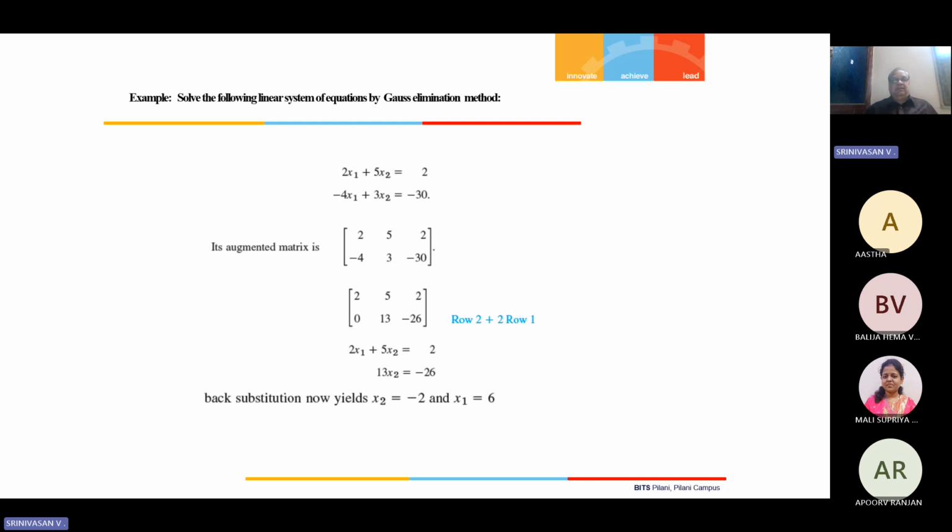As you are familiar with solving a system of two equations in two unknowns ordinarily by elimination, you multiply the first equation and the second equation by common constants.